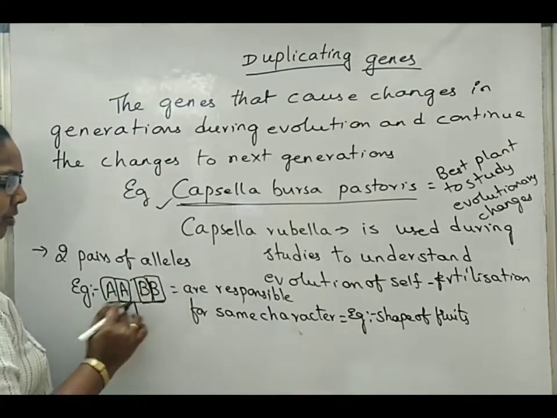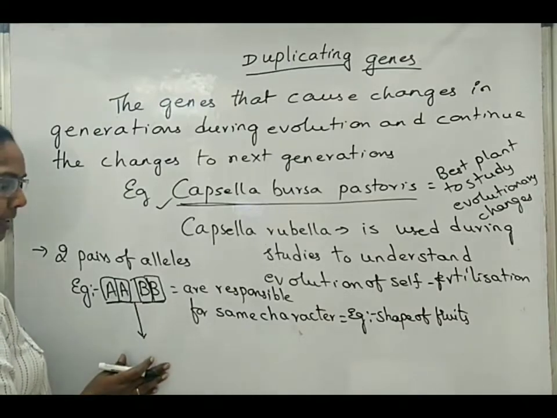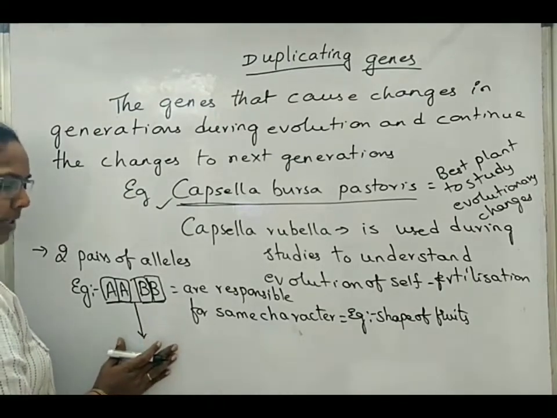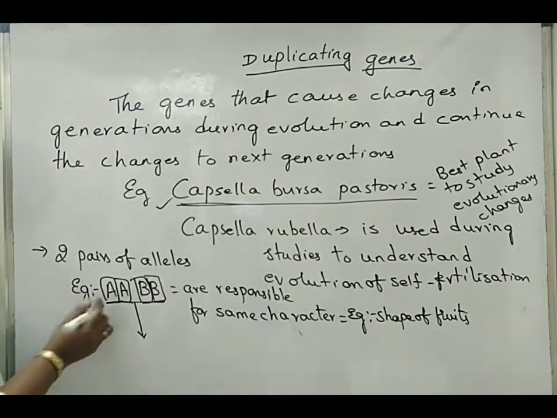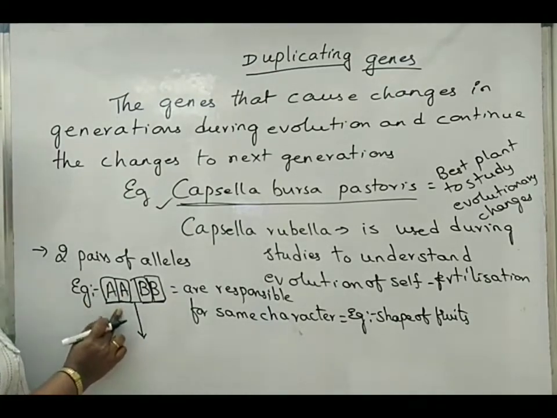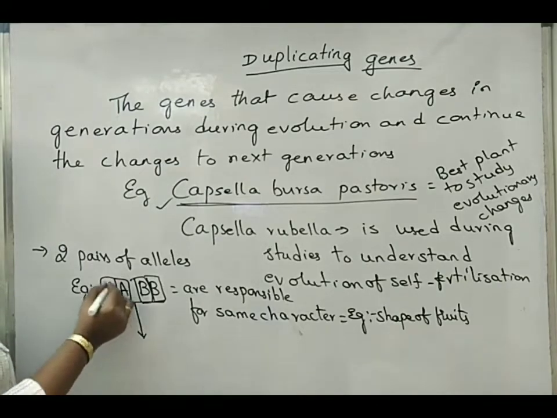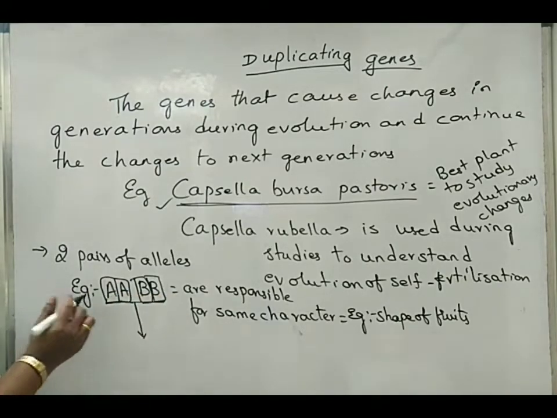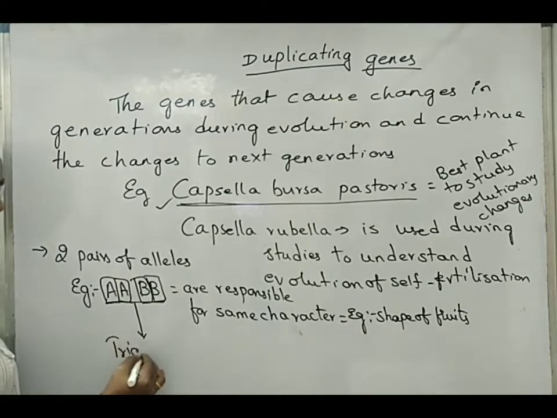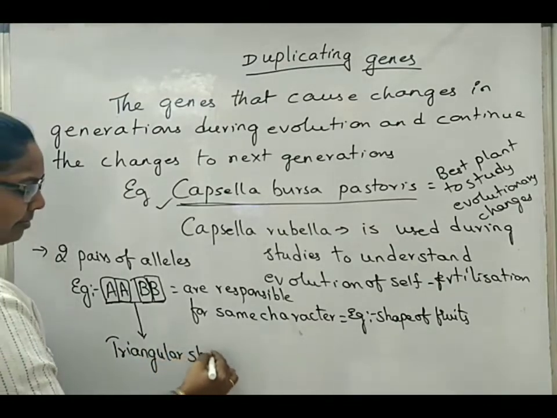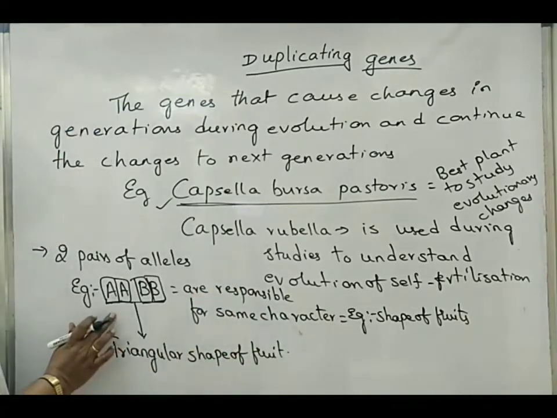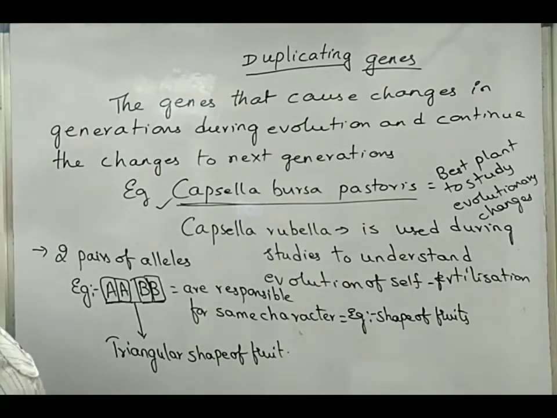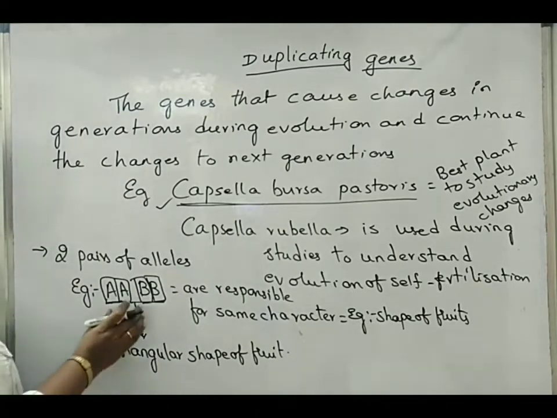Now, if any one of the alleles, it can be this or this or this or this, if any one dominant allele is present in the gamete or in the zygote or in the next generation plants of the offspring, then they express their own character. Suppose any one of the alleles or the combination of alleles is responsible for triangular shape of the fruit, then they will suppress the contrasting recessive alleles present beside them.